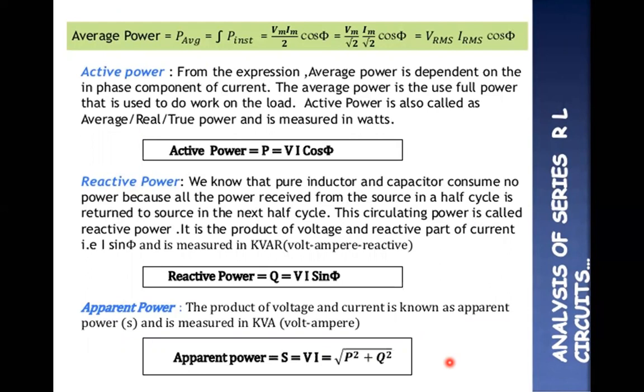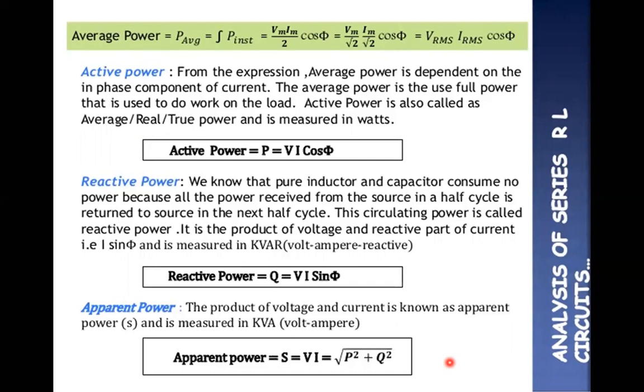So from here we have the average, active and apparent power. Active power depends on the in-phase component of the current. The average power is the full power that is used to do work on the load. Active power is also called average, real or true power and is measured in watts. So active power is P is equal to VI cos phi.